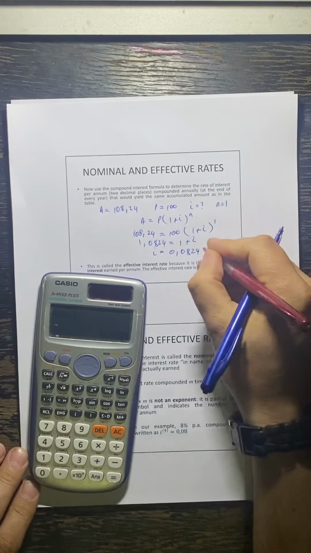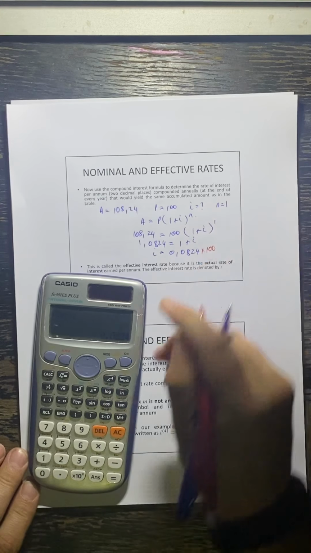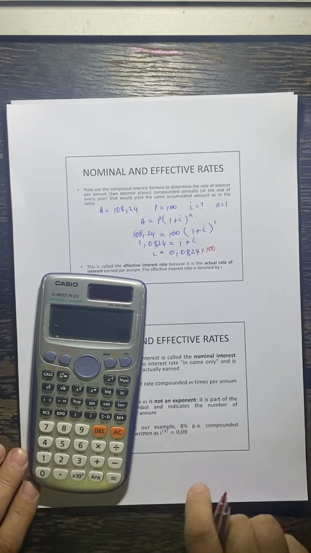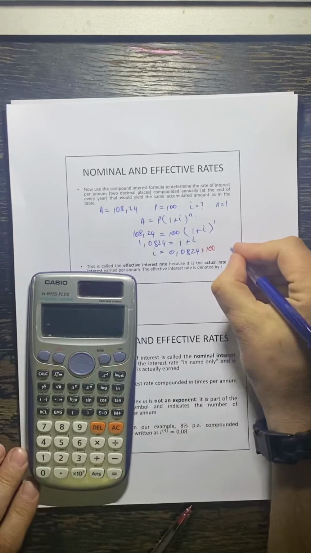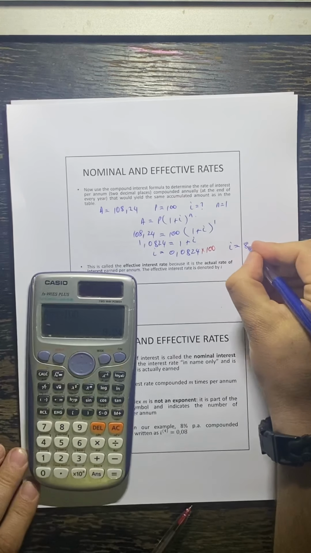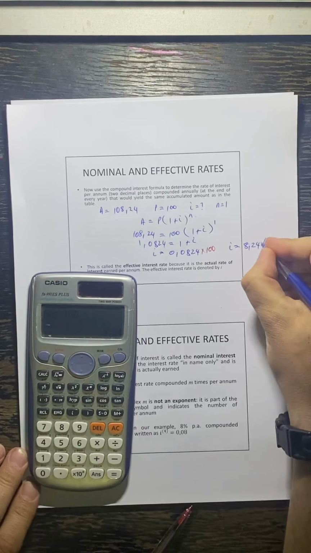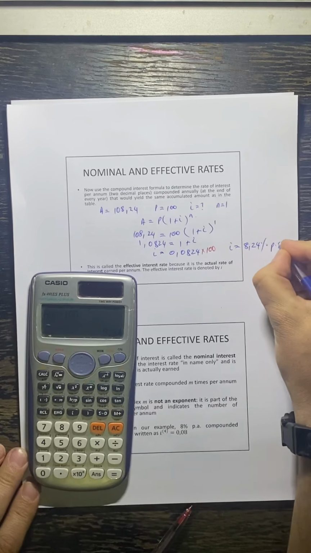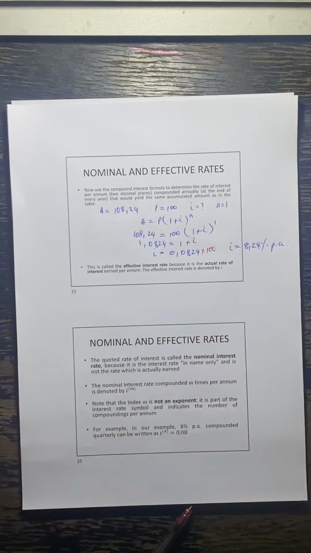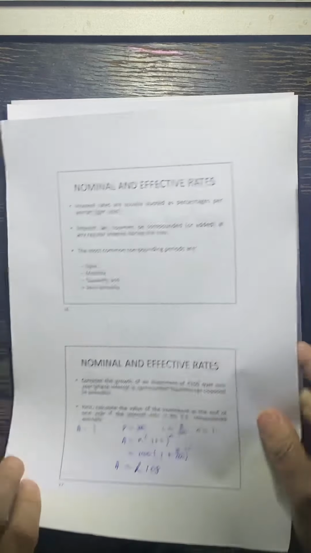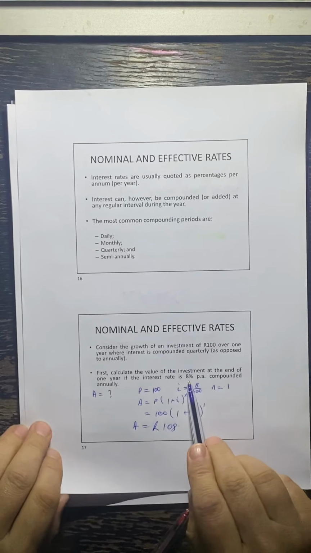Now remember, to put that back into percent, I multiply by 100, and we get an interest rate of 8.24% per annum. Okay, so from the original one, it was 8%.